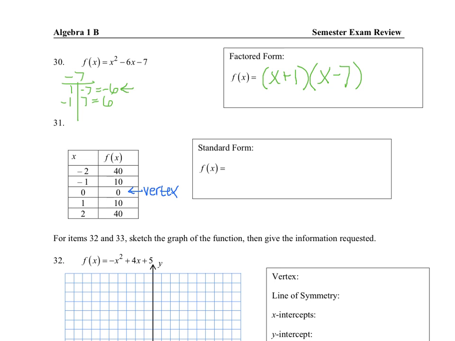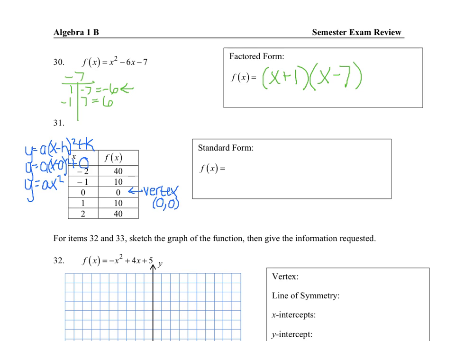Well, if I put it in vertex form, I've got y equals a times x minus h squared plus k. My vertex is 0, 0. So y equals a times x minus 0 squared plus 0. This means we have y equals a times x squared.